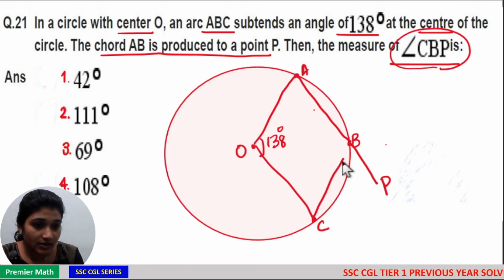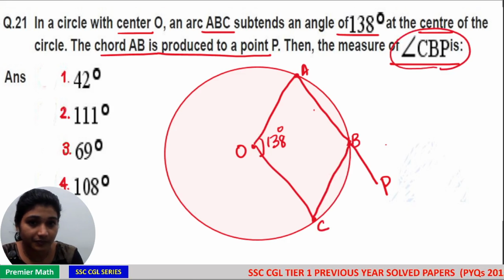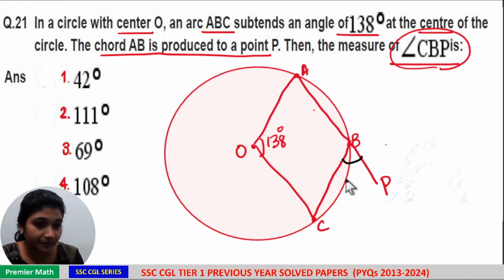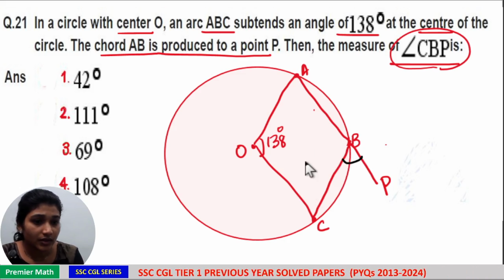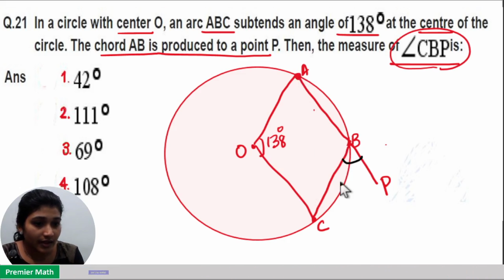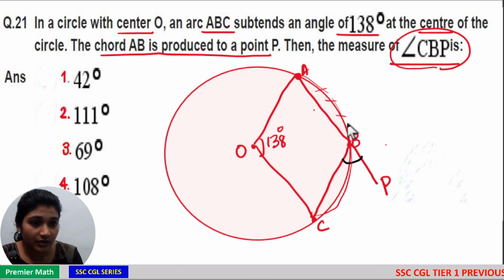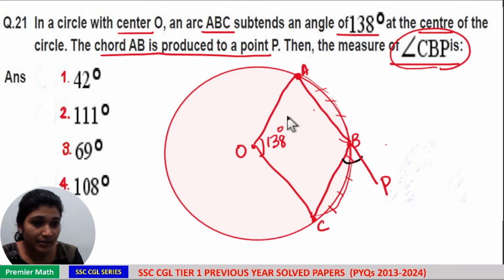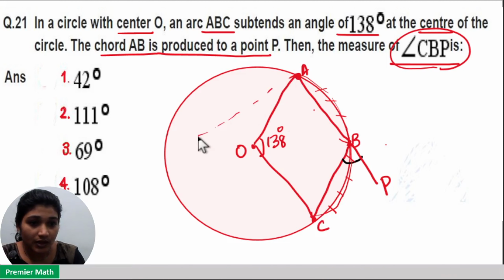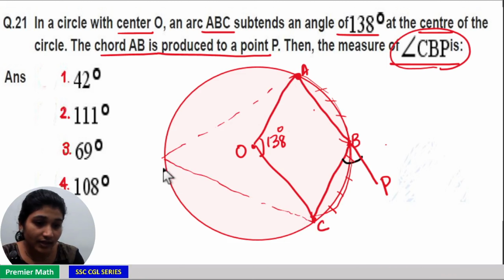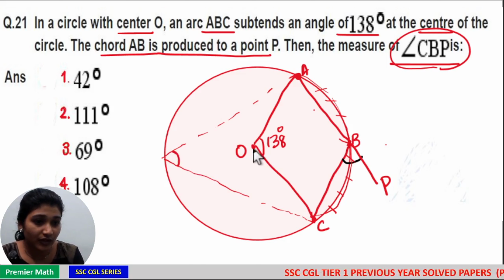That is this angle, CBP. Here this arc ABC produces 138 at the center, which means the same arc ABC will produce half of the angle 138 at the opposite circumference of the circle.